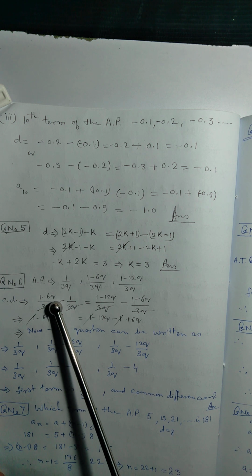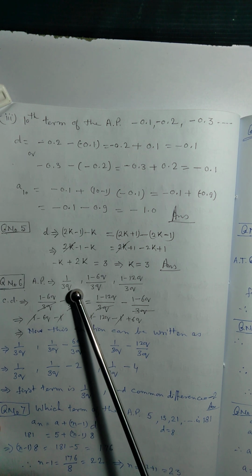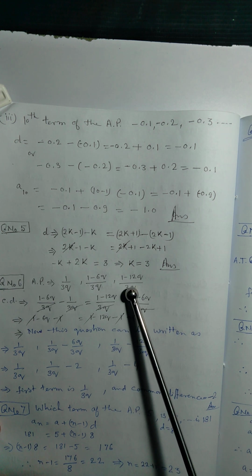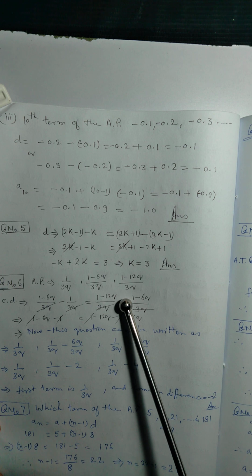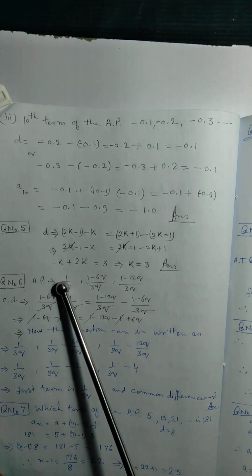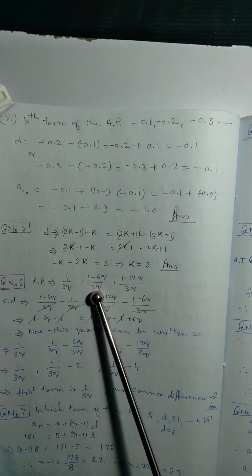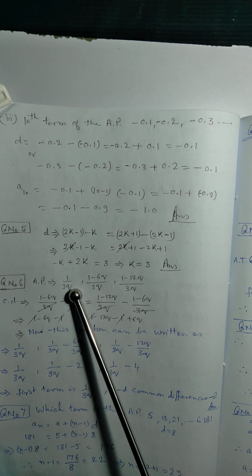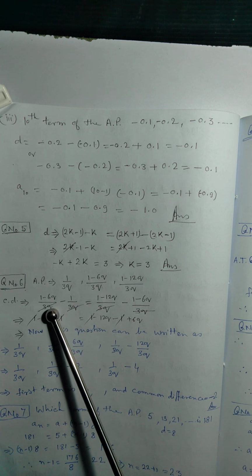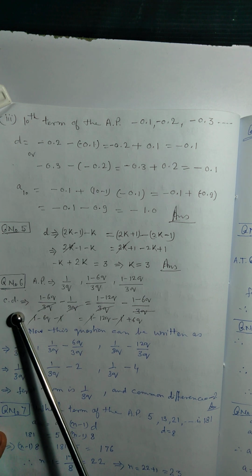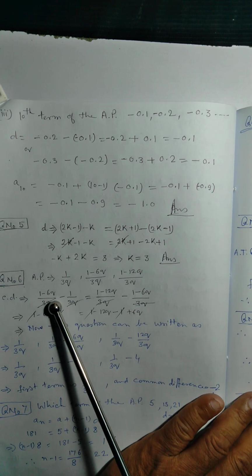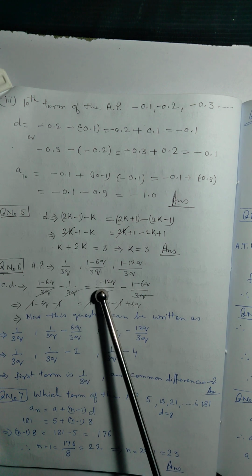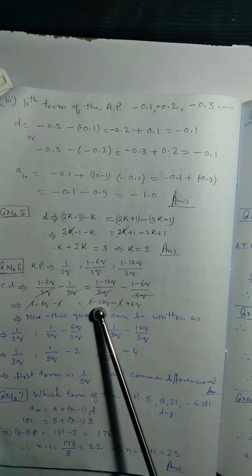You see the AP is given here: 1 by 3q, (1 minus 6q) by 3q, (1 minus 12q) upon 3q. If you apply the formula, the second term minus the first term and the third term minus the second term, you will not be able to get the answer. Let us attempt it in that way.